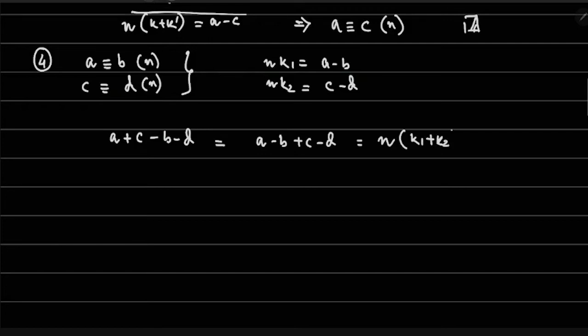That means n divides A plus C minus (B plus D), the whole bracketed. That will imply and will be implied by A plus C is congruent to B plus D mod n.